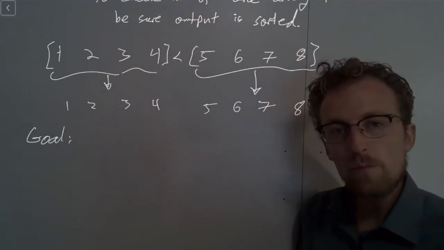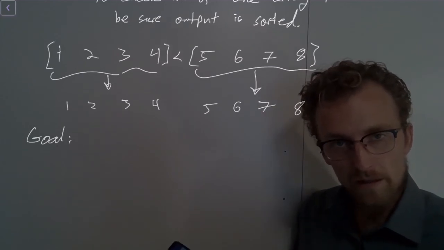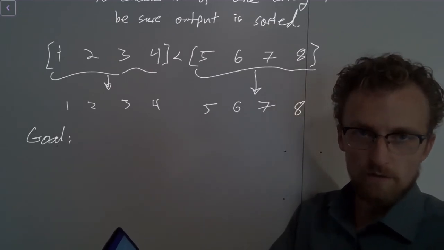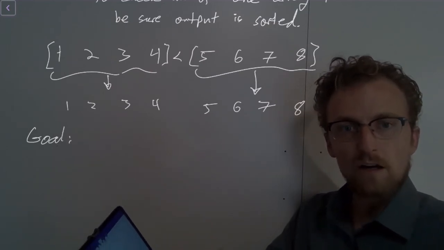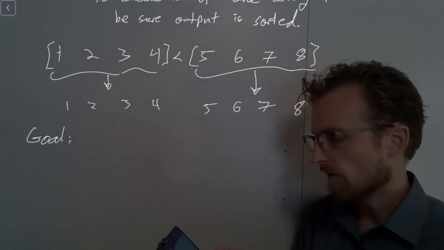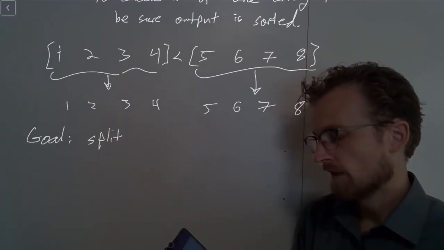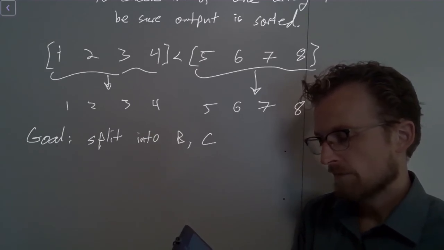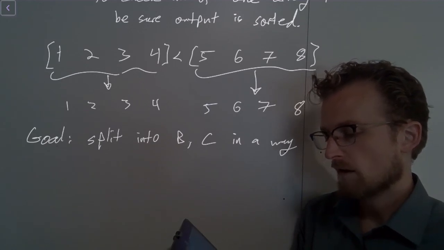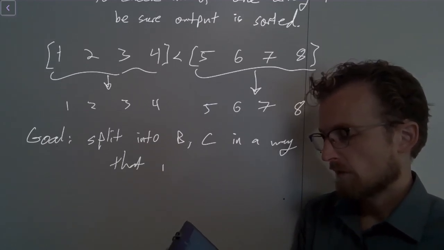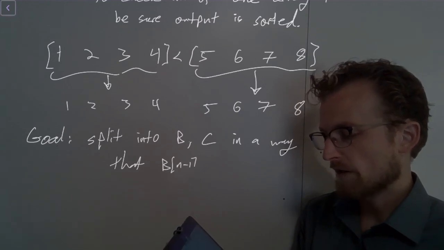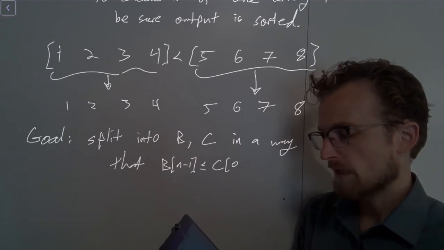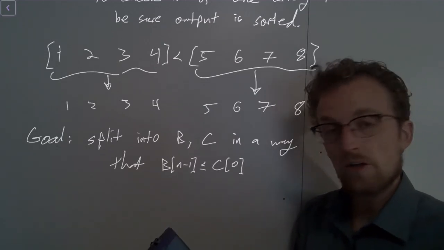Our goal is to come up with a way of splitting an array into two different pieces, such that all of the things on the left side of the array, or in one piece, are less than all of the things in the right side of the array. So split into B and C in a way that B, n minus 1, the last element of B, is less than or equal to the first element of C. And I should even say not this.